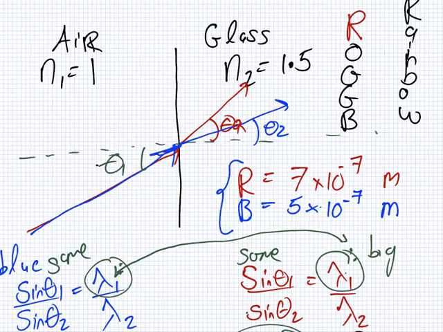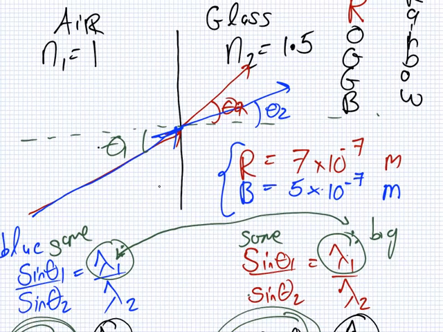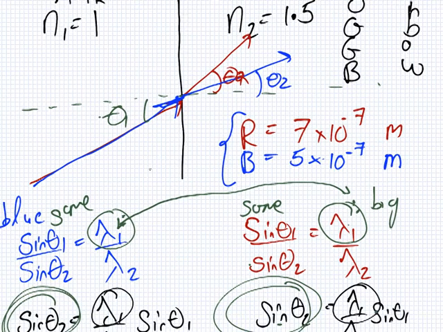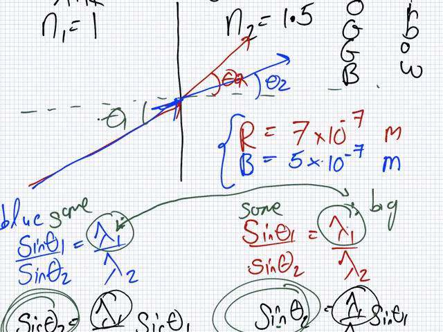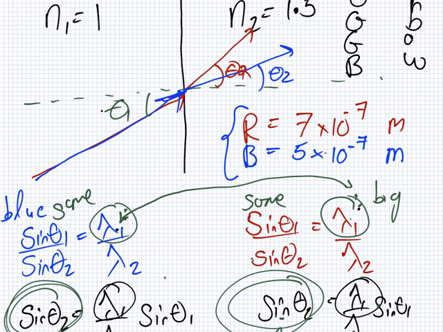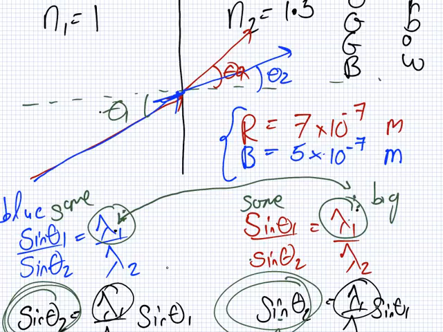Even if you change this, it won't change the relationship between them. The wavelengths are constant, aren't they? Yes, for all the colours, they're constant.